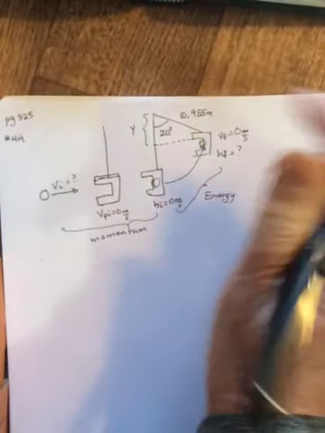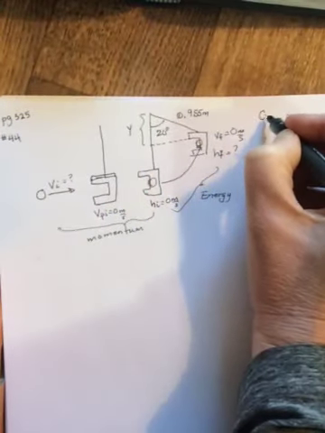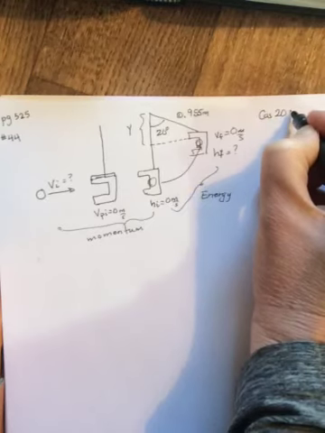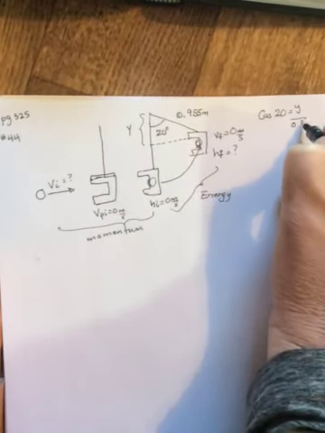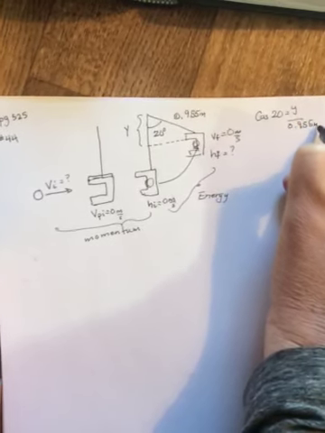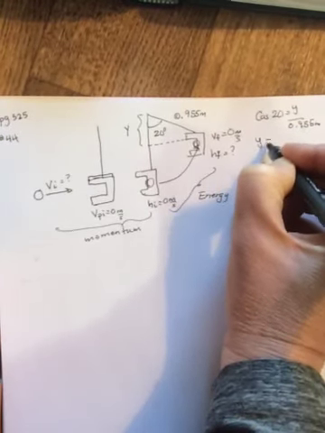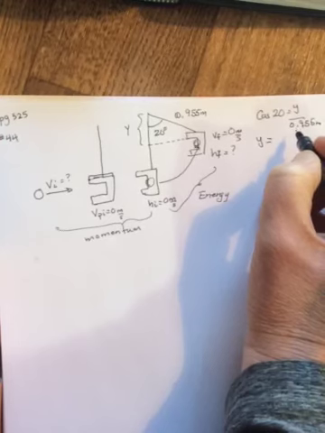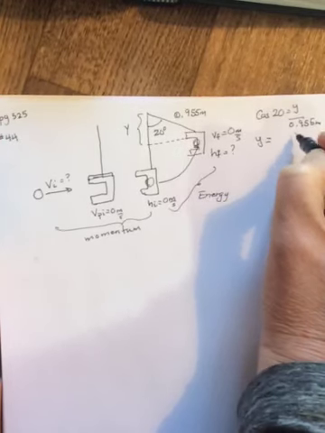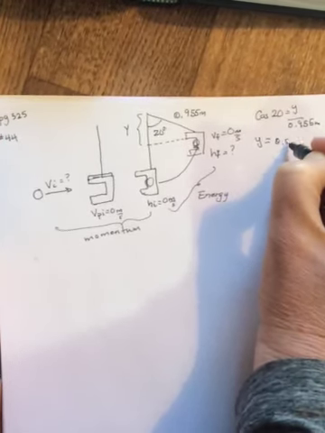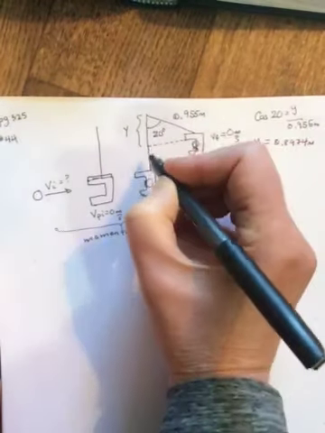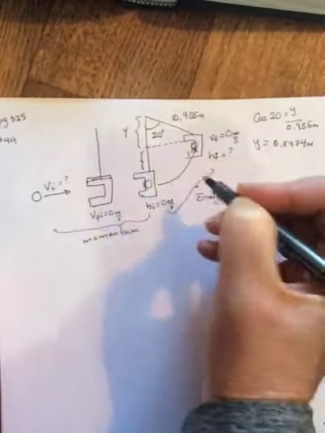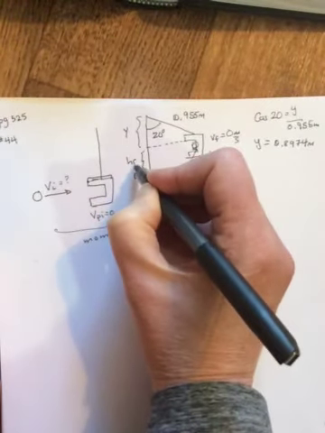So using cosine, we can find y. Cos of 20 is equal to the adjacent y over the hypotenuse, 0.955 meters. So we can get our y to be 0.8974 meters.